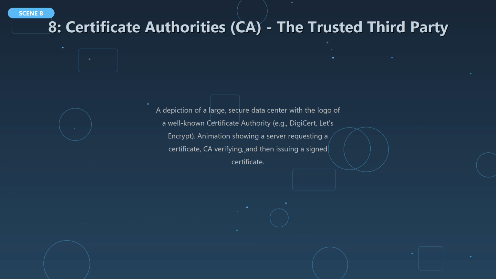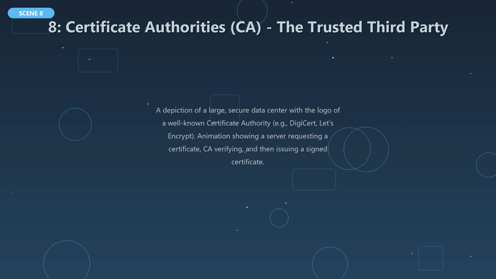Once satisfied with the identity, the CA uses its own private key to digitally sign the certificate, asserting that the public key contained within belongs to the verified entity. This signed certificate is then returned to the website owner, who installs it on their server. If a CA's private key were ever compromised, it could be used to issue fraudulent certificates, completely undermining the trust model of the Internet. This is why CAs adhere to incredibly strict security protocols and undergo frequent audits.